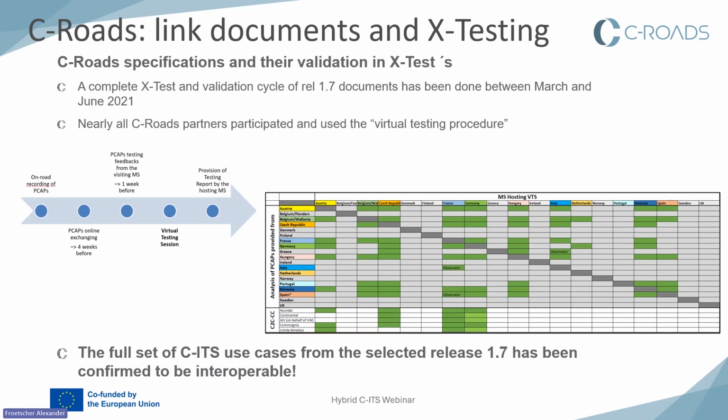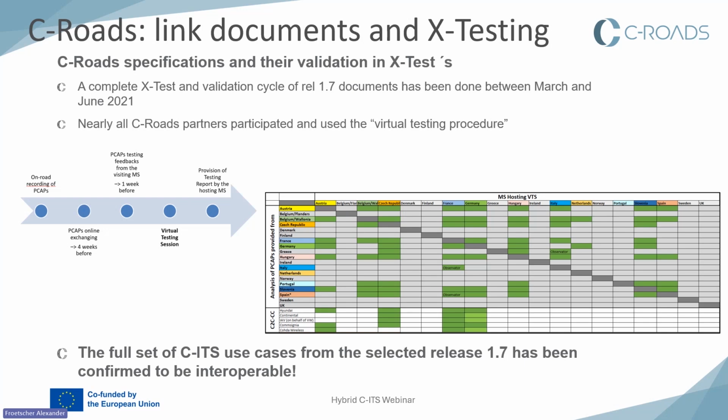In addition to the specifications, we have defined a process for how we also invite external parties and partners to become part of this validation and testing. For this purpose, we make available our C-ITS messages in PCAP formats beforehand. We let partners test on their mobile labs at home and then come to a testing session, confirming the functionality and the validity of the single test messages.